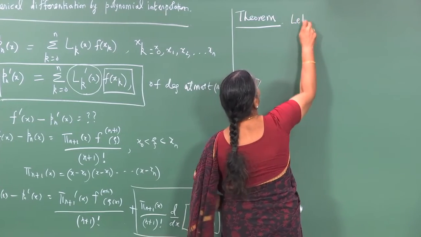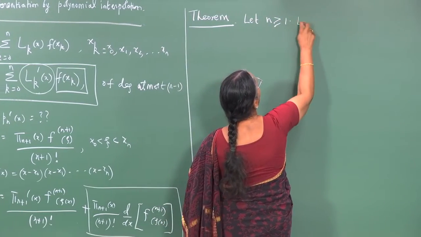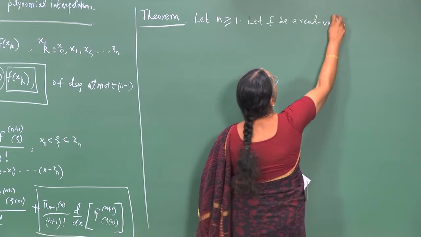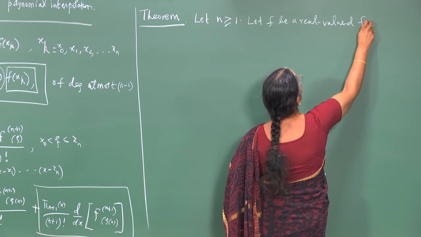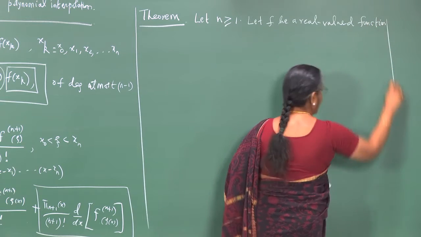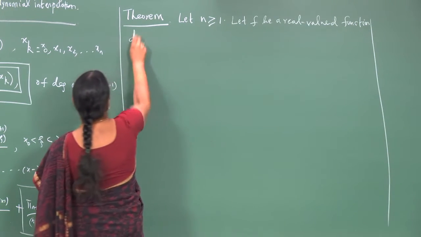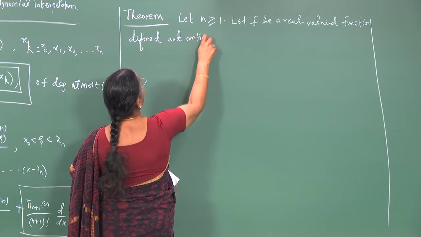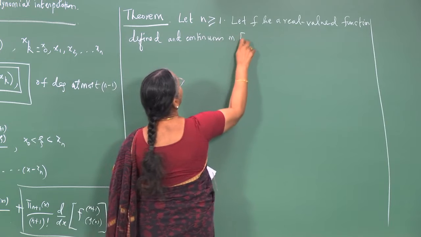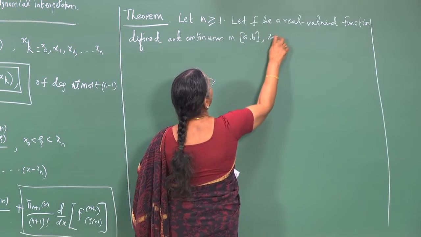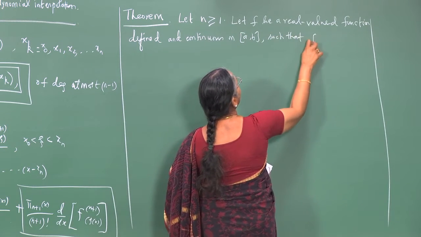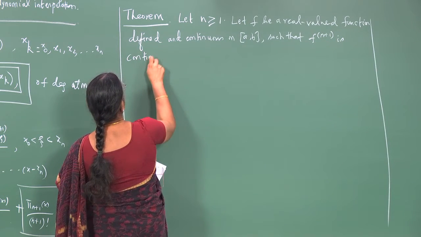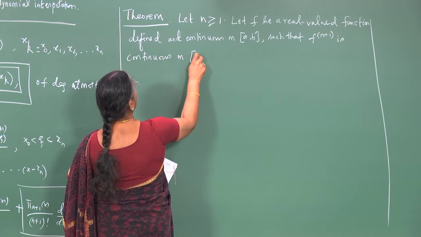It says let n be greater than or equal to 1 and let f be a real valued function, defined and continuous on the interval a b such that its n plus 1th derivative is continuous on the closed interval a b.